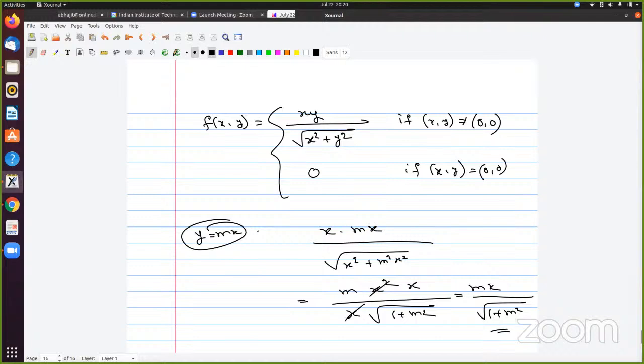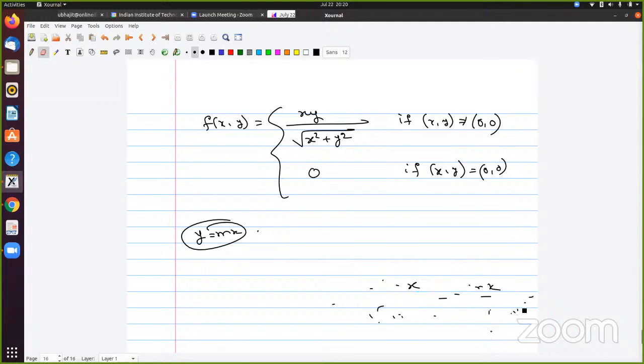Now, can we find any other curve so that you can show that the limit does not exist, or does the limit actually exist here? I mean, this function is actually continuous. Can that happen? What do you think? What if we take y equal to minus mx?